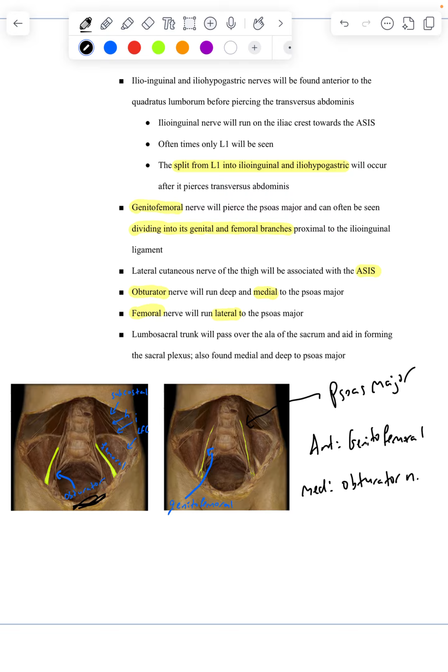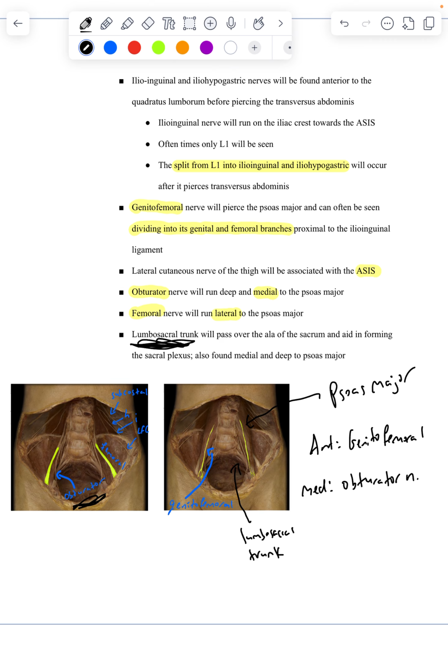They also have, I don't know if this was talked about extensively in the PowerPoint, but she also has lumbosacral trunk. If you look over here, so this right here is your obturator nerve. It's one nerve. If you look over here, you have a bunch of nerves that go together, forming a trunk. That's technically your lumbosacral trunk. So I'll highlight that, but the other ones are the main ones.